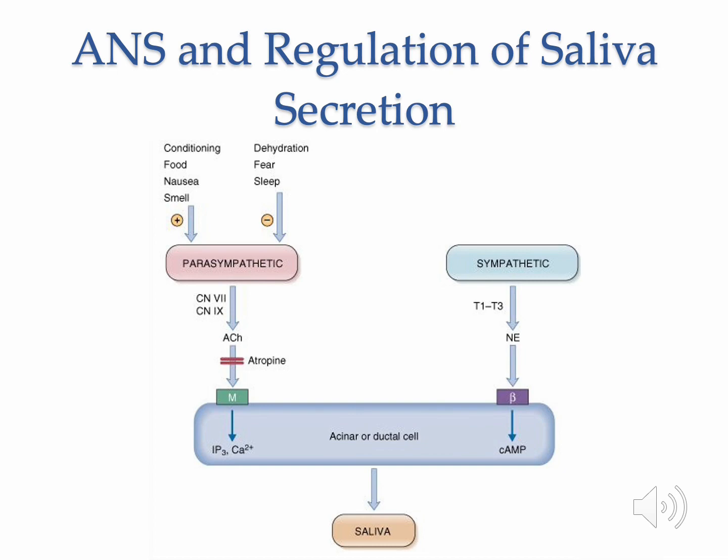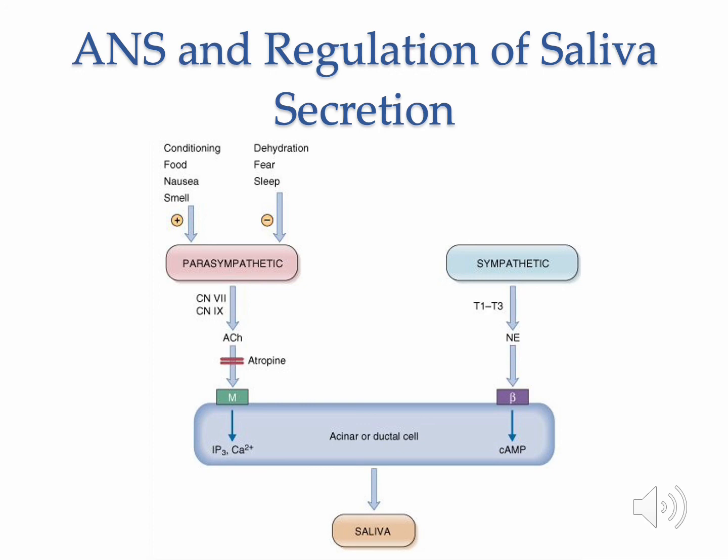And this is a nice summary diagram of the key points that we've just spoken about, with both the parasympathetic and sympathetic nervous system being able to stimulate salivation just via slightly different receptors, with the parasympathetic nervous system being definitely the more major player in salivary secretion.